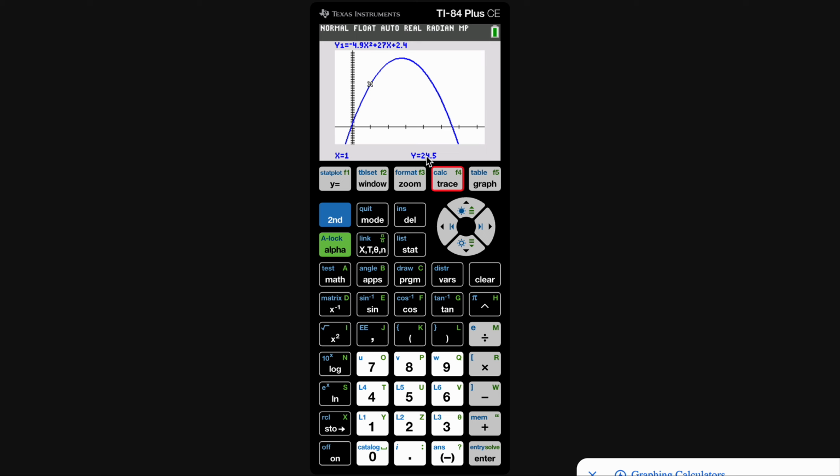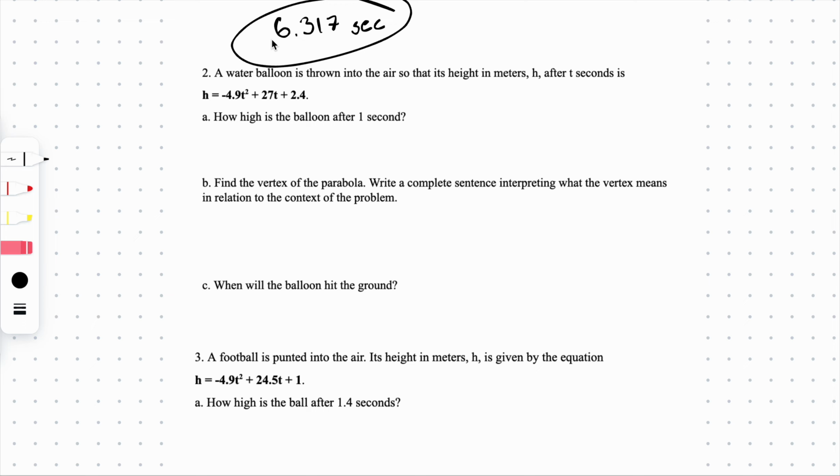And we'll get a y value in return. And that's 24.5. So we have meters, so I'm going to say our height after 1 second is 24.5 meters.